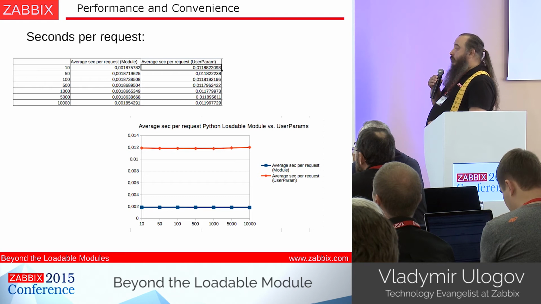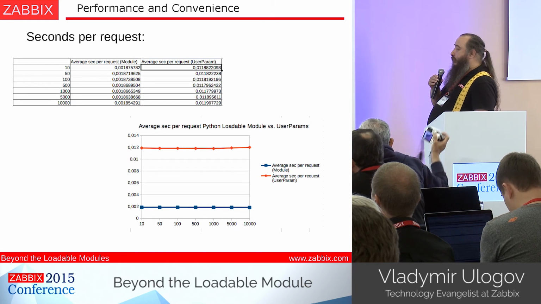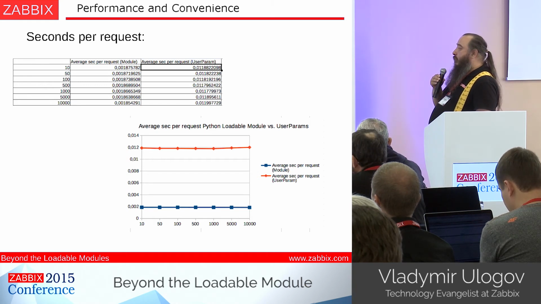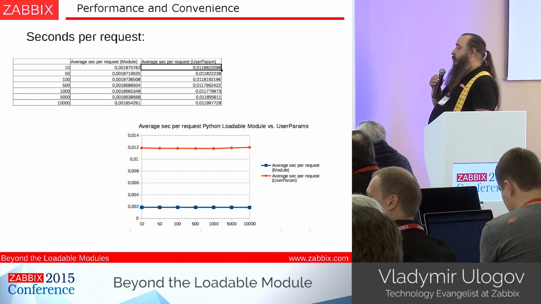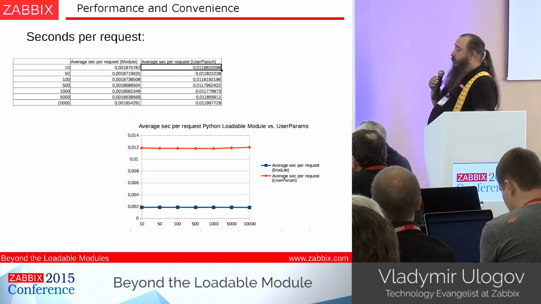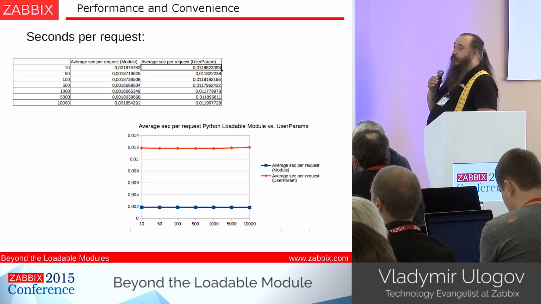This graph shows the response time per call for the Loadable Module and for user parameters, and the module doesn't introduce any disturbance or unusual behavior when you call, for example, a series of metrics.